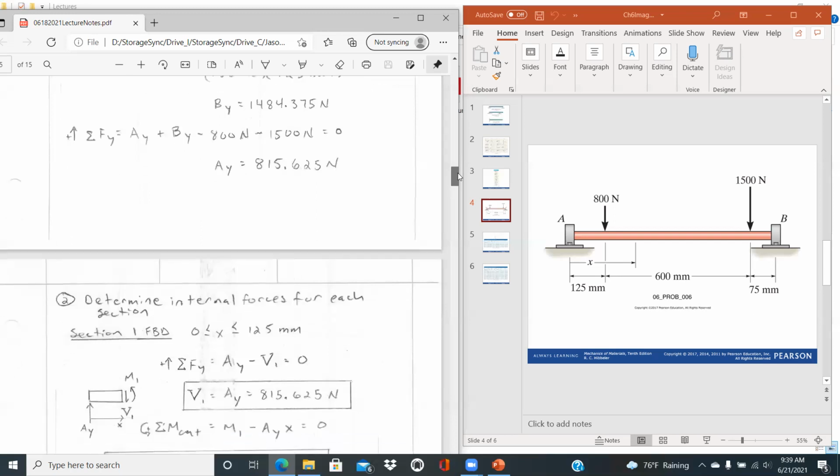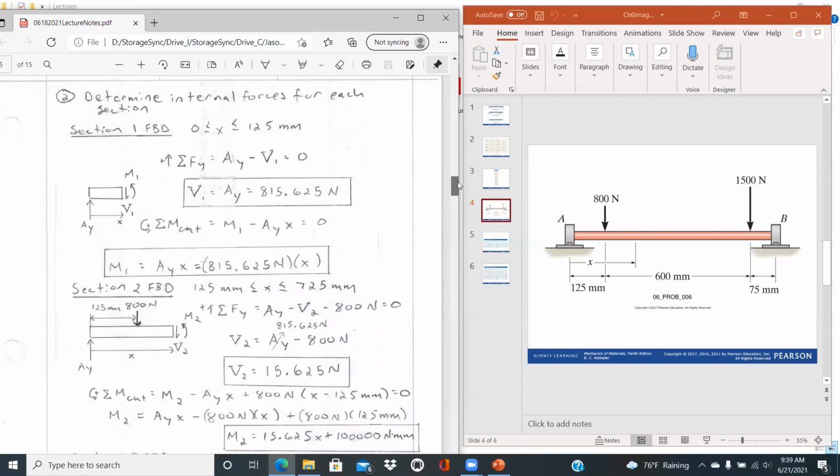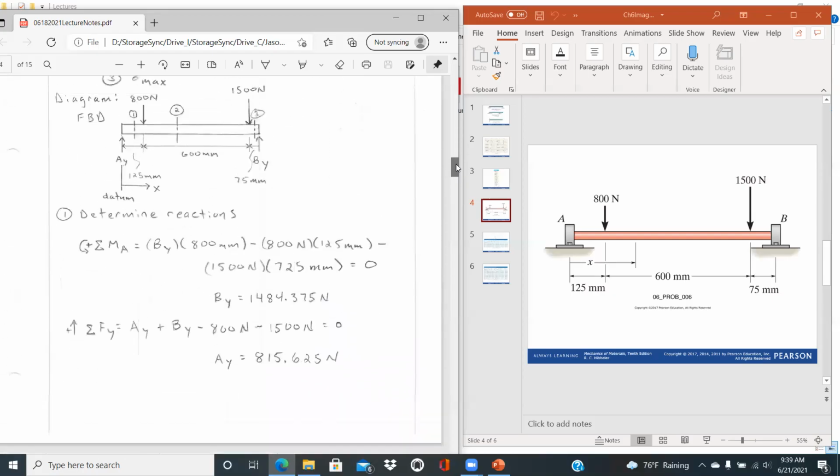Now the next step will be determining the internal forces for each section. And so what we'll do is really just imagine a cutting plane going through that section 1, and then we'll draw a free body diagram of this left-hand side, what is remaining.